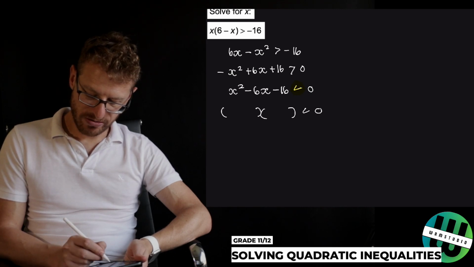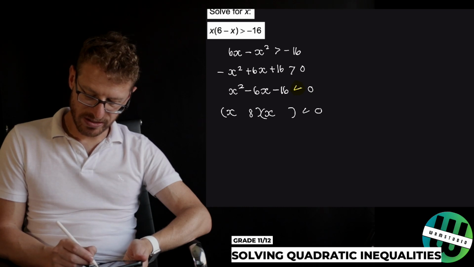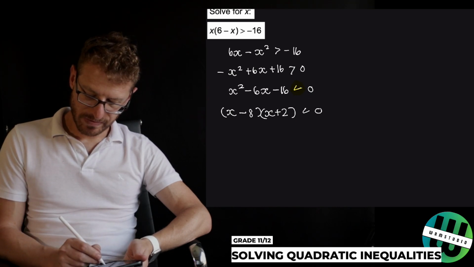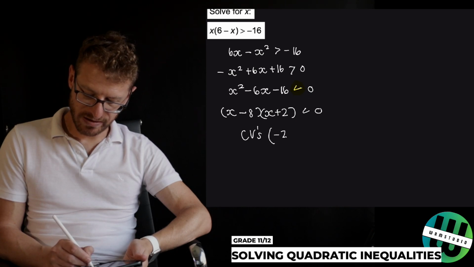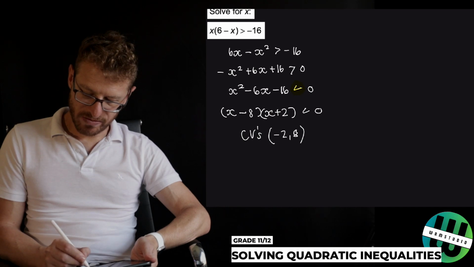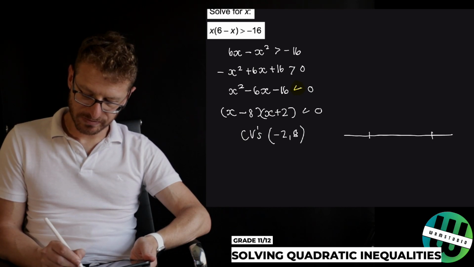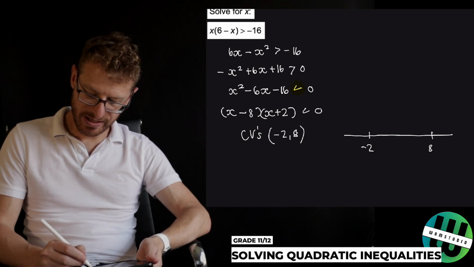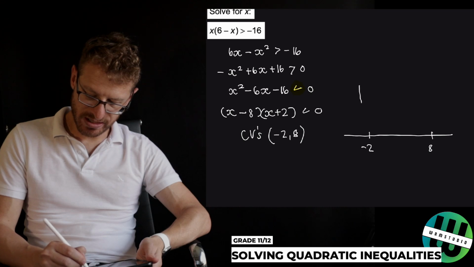When I do my critical values, or when I factorize, I am still going to get my critical values as negative 2 and 8. But now with my sketch, I am going to have a happy face parabola because the sign changed.